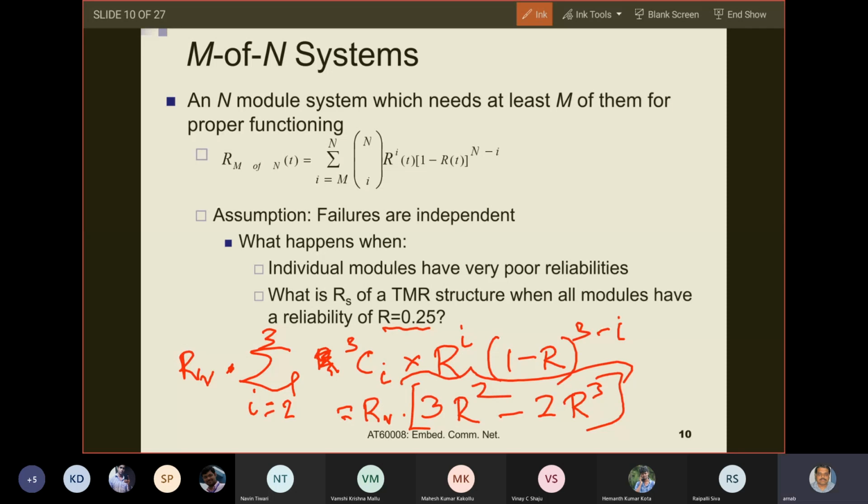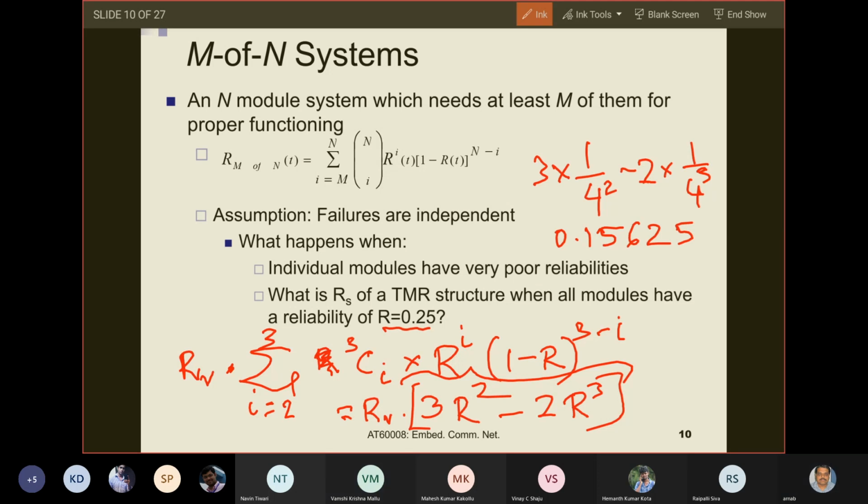So 3 into (1/4) square minus 2 into (1/4) cube. Is that okay? 0.15625, you said? Yes, sir.